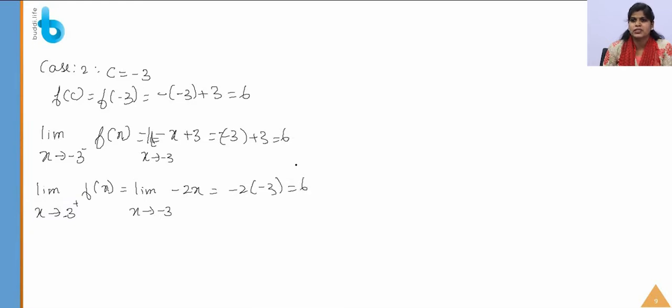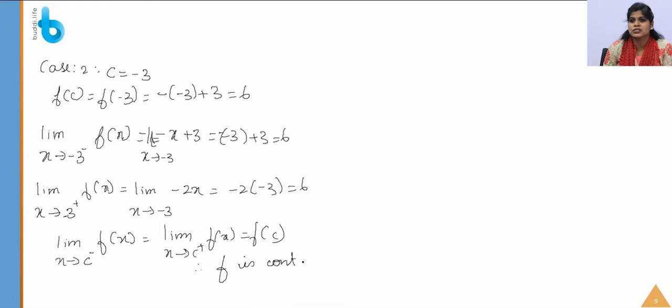See, the left hand limit, the right hand limit value and the f of c value both are same. So we can write limit x tends to c minus f of x is equal to limit x tends to c plus f of x is equal to f of c. Therefore, f is continuous at c equal to minus 3.